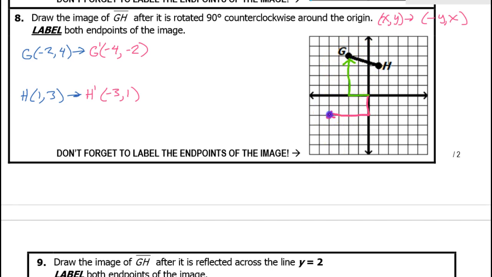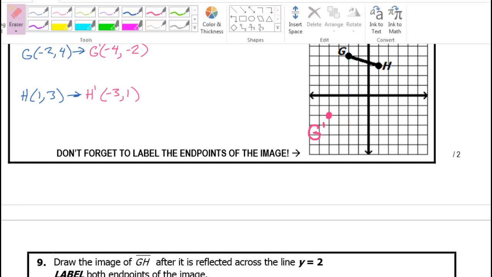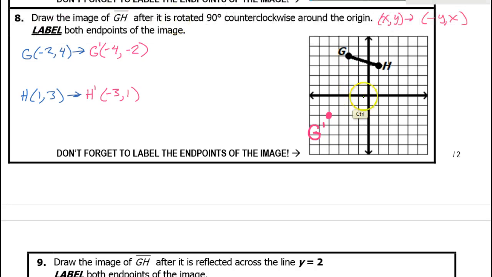And so now this new arrow shows me the location of G prime. So this would be the point G prime right here. And you can see that it is in fact at (-4, -2), which is the same thing we got algebraically. So I'm going to have to erase that path because it's in my way.